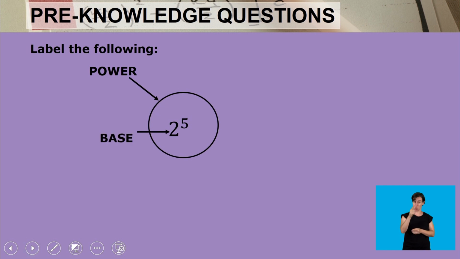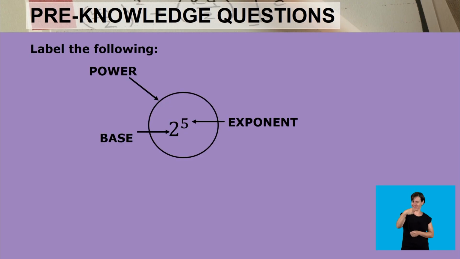If you are thinking of the base, then you are absolutely correct. That is the base within our power. What about that 5? Do you know what role that 5 plays? Yes, this is our exponent. You are absolutely correct. So this is us labeling our power, where we know that a power is made up of a base and an exponent.